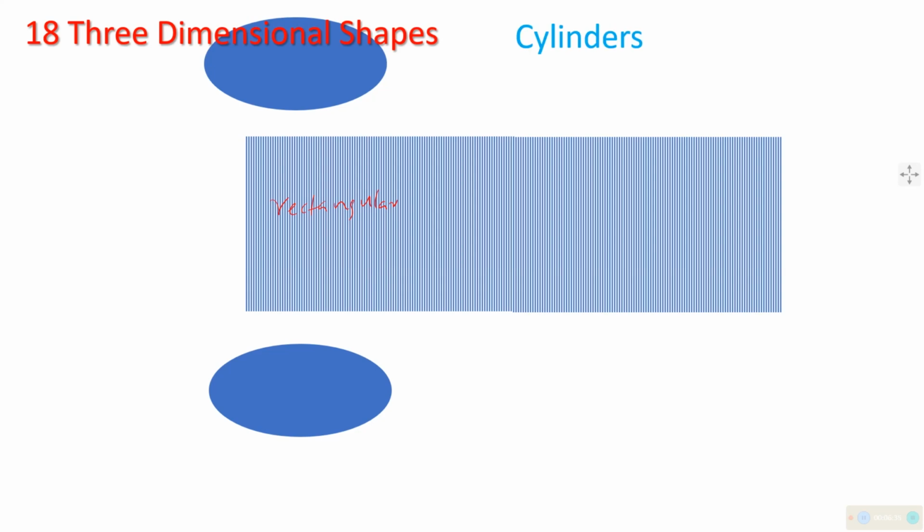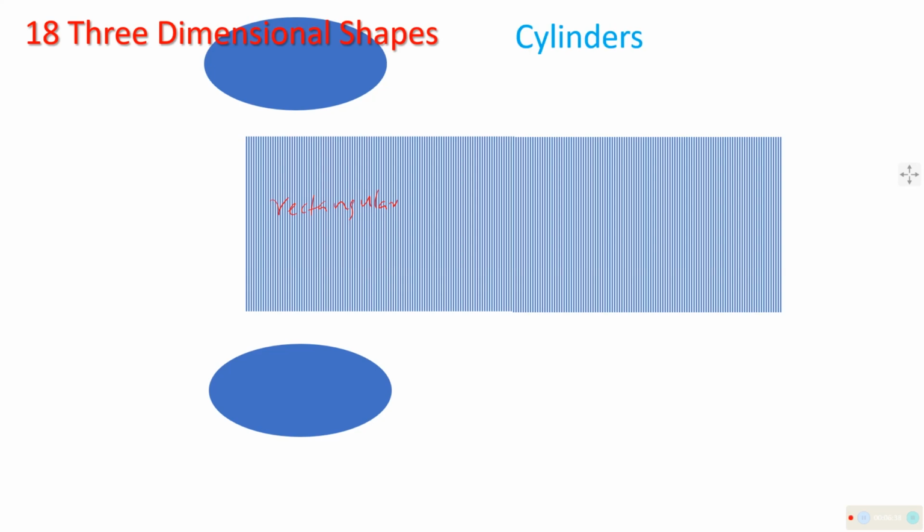Here is another concept of three-dimensional structure. You are having a rectangular and flat piece of paper or cloth, and I'm going to roll it to make a pipe and fix both up and down with a disc shaped circular disc. I'm just trying to make a cylinder for you.